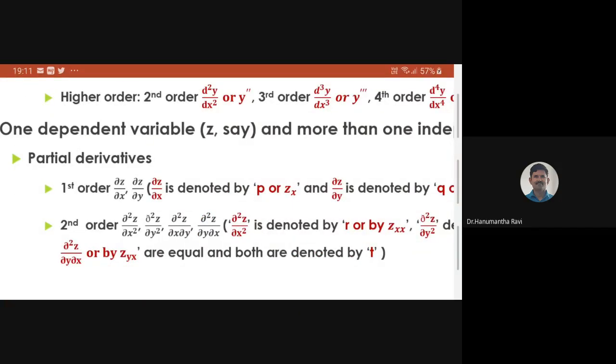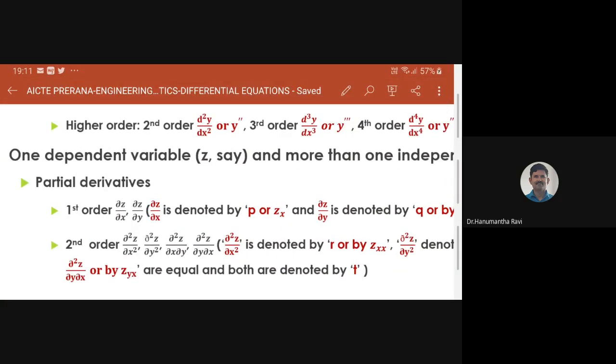So that is there when there is one dependent variable z and two independent variables x and y. With this scenario, we have two first order partial derivatives.